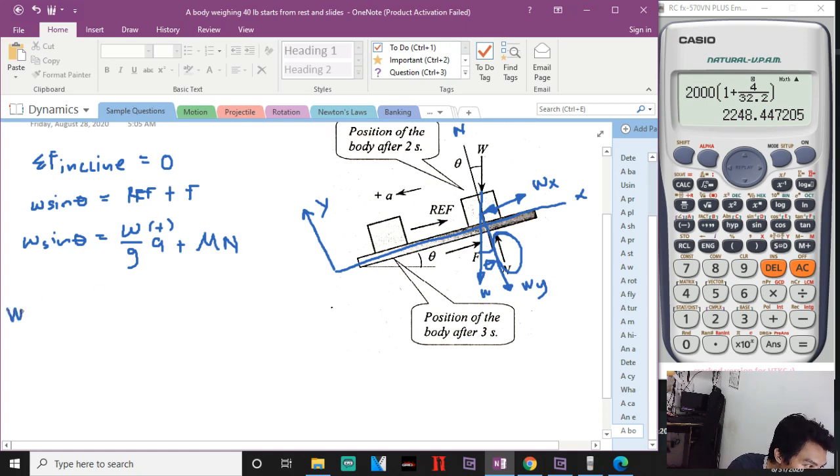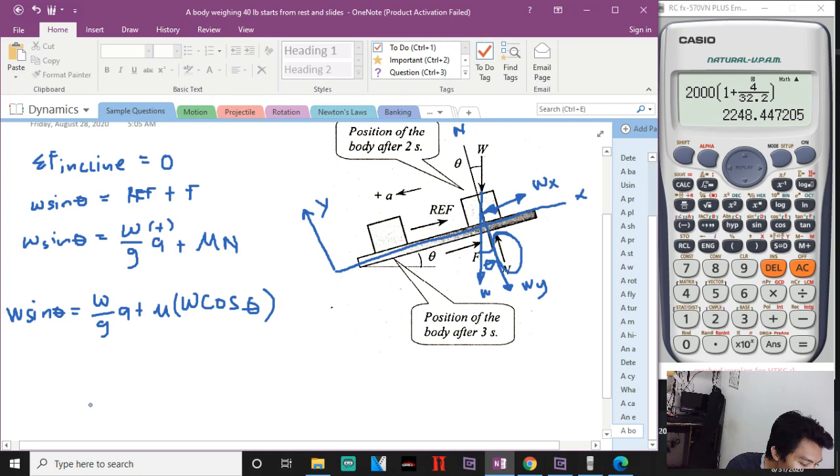Track natin. W sin theta equal to W over G times A plus mu N. Kaya lang, ito pataas. Ibig sabihin, parang WY. Okay? Palitan natin si N ng W cosine theta naman. Kasi, ano yan? Vertical.